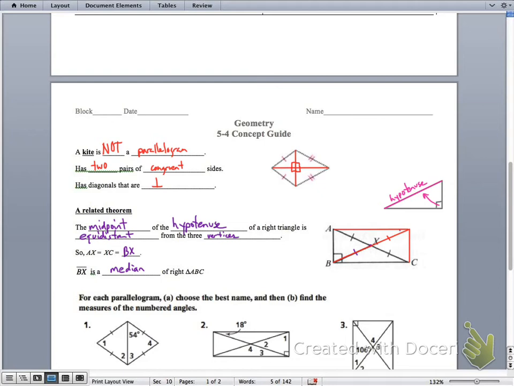And then, of course, the diagonals of a rectangle are congruent, and the diagonals of a parallelogram bisect each other. So what do you end up with? If you look at the midpoint X of what used to be our triangle's hypotenuse, that midpoint X is really the midpoint of this rectangle that I've drawn by filling in the other half of that triangle. So this related theorem is really kind of like a half of a rectangle theorem, if you will.